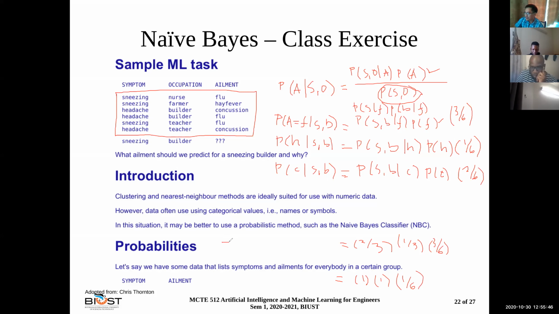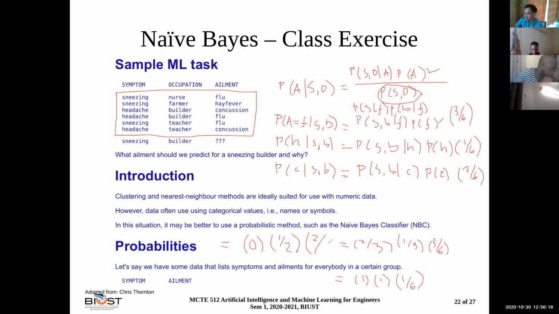And the third equation, the probability of concussion and sneezing, that's 0. It becomes a zero probability. We should not use this one, but anyway, let's just write it. The probability of concussion and builder is 1/2, times 2 over 6.